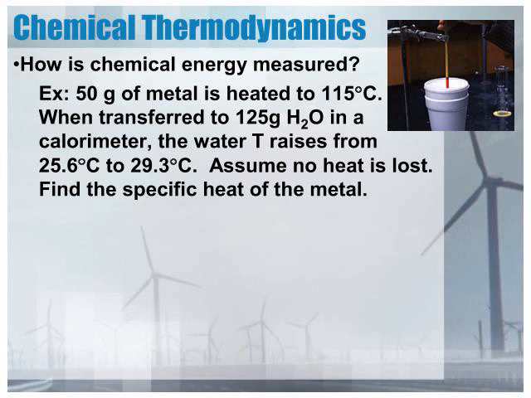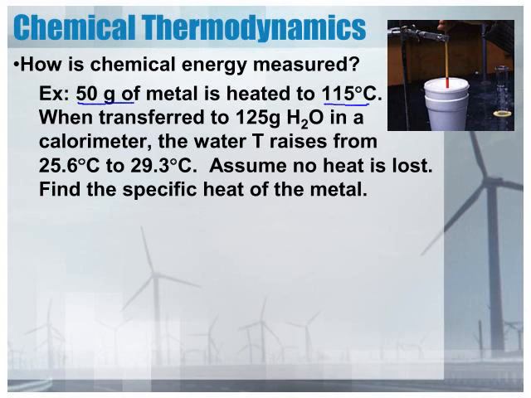And the last thing that we're going to be working with is how we use our Q equals MC delta T in the lab. We're able to figure out specific heat capacity, and that's what you're doing with your gizmo. Add different things based on how it affects water. So we have 50 grams of a metal.